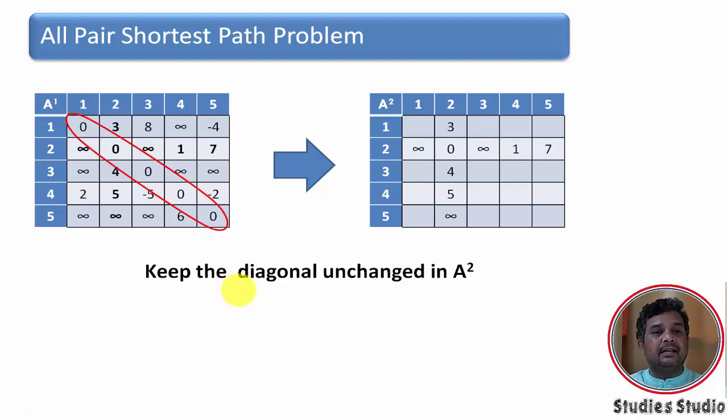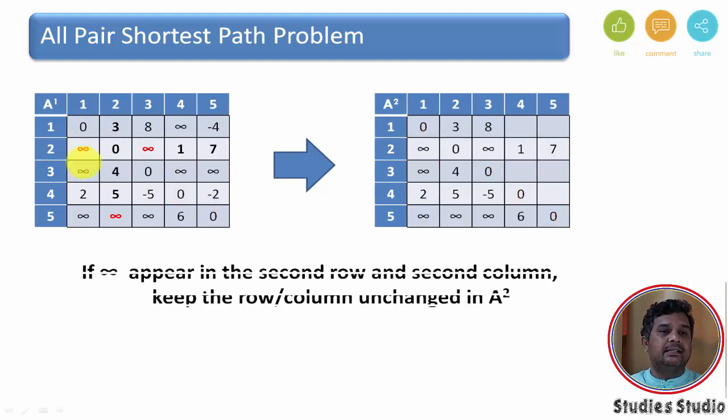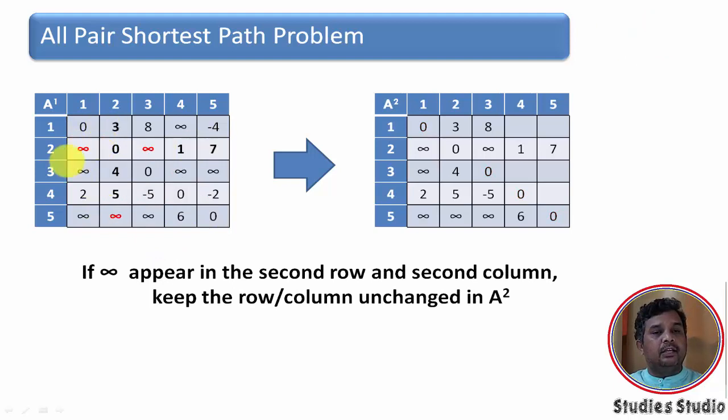Now the next thing is the diagonal is supposed to be unchanged. I am going to write the diagonal as it is. And in this particular fixed row and fixed column, in the first column infinity is there, third column infinity is there, and in the fifth row infinity is there. So I am going to write them as it is. So I got this particular table with some blank spaces.